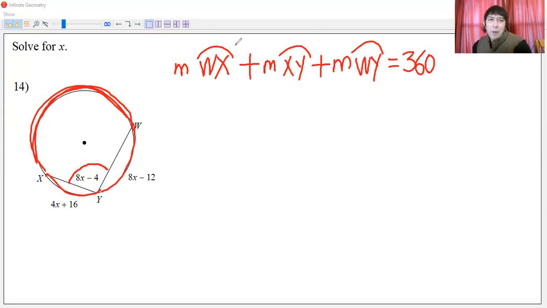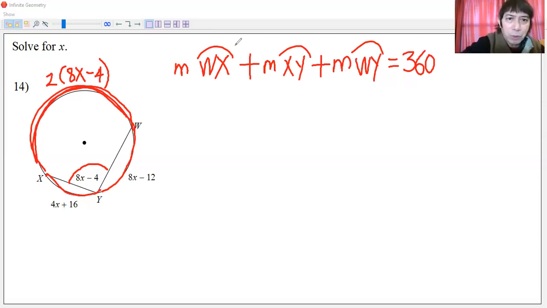All right, so we can express the arc WX as 2 times 8x minus 4. Remember, 2 times the inscribed angle measurement will be the measure of the subtended arc. So 2 times 8x minus 4 is that WX arc.